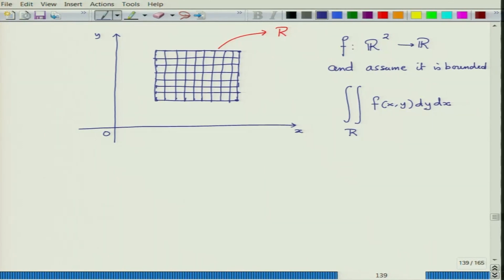And in that rectangular grid, I would know the area of each rectangular grid. So, take, for example, this rectangular grid and take any point C from here. So, I will look at f(C) times the area of the grid.